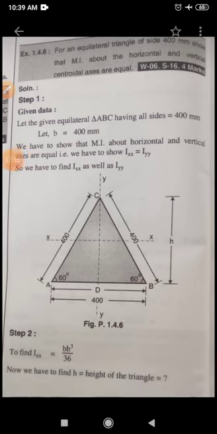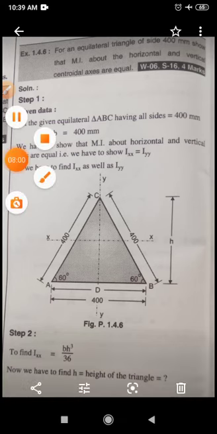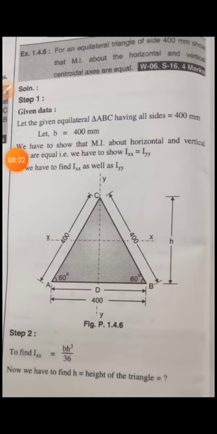Okay, next let's take another problem. For an equilateral triangle of side 400 millimeter, show that the MI about the horizontal and vertical central axes are equal. We have to show that the moment of inertia for this equilateral triangle is equal for the x axis and for the y axis, which are passing through the centroid.